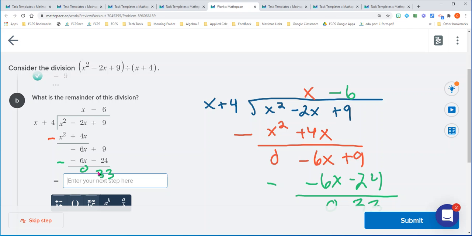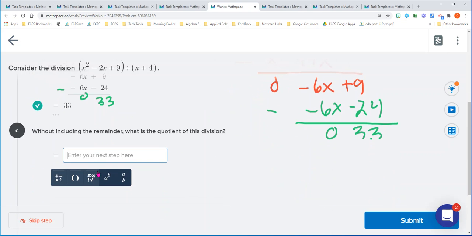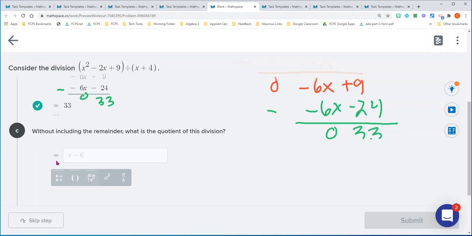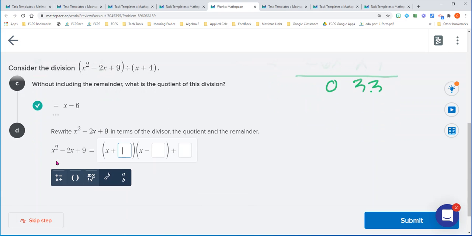Enter your next step, 33. Without including the remainder, what is the quotient? Notice they already have the equals, x minus 6. Aha.